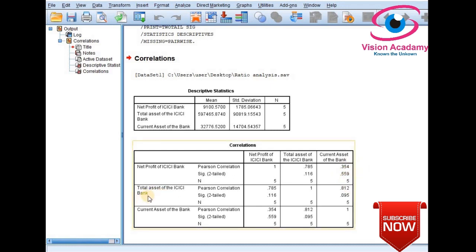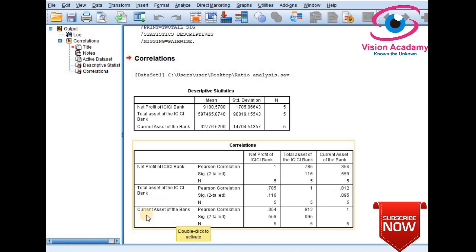We can also see total assets of ICICI Bank. Higher the total assets of ICICI Bank will lead to higher net profit. Yes, it is a positive correlation. We are just looking at the variables interchangeably, and here total assets: higher the total assets will lead to higher current assets, which is a very strong positive correlation.